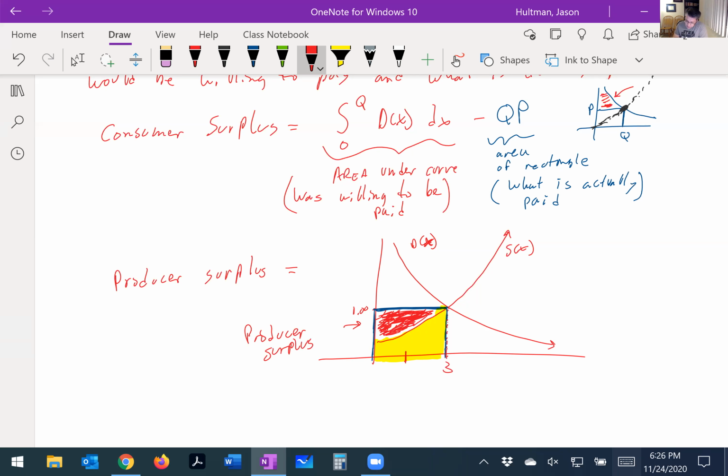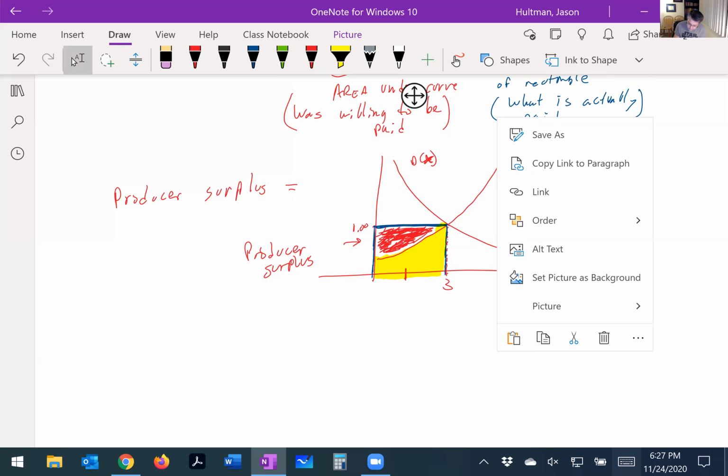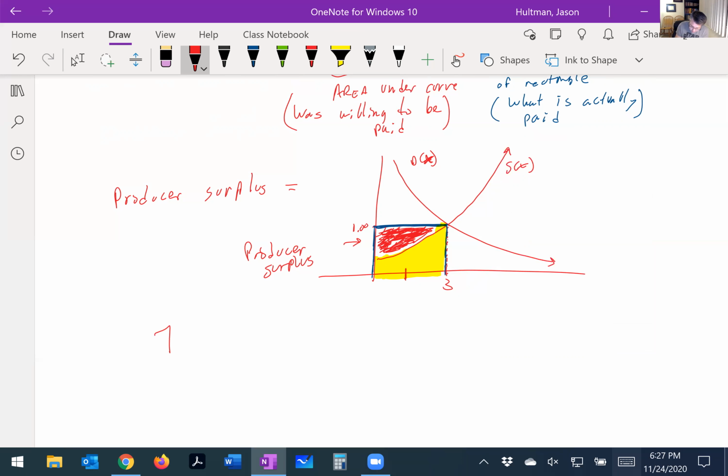That's the difference between what is actually end up being sold at versus what he was actually willing to take, the money that he was willing to take. Okay, so this is the difference.